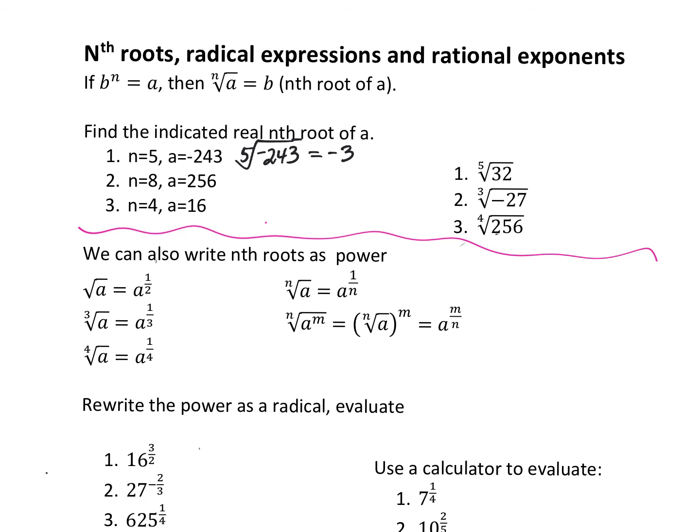Okay, so number 2 asks, what's the 8th root of 256? 2. That one's not on the handwritten tables, but it was on the other ones. And what's the fourth root of 16?